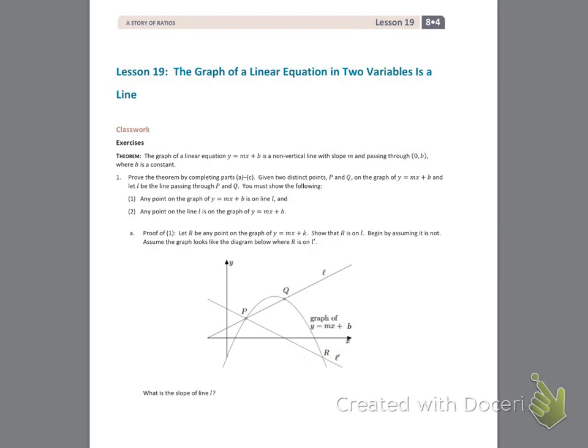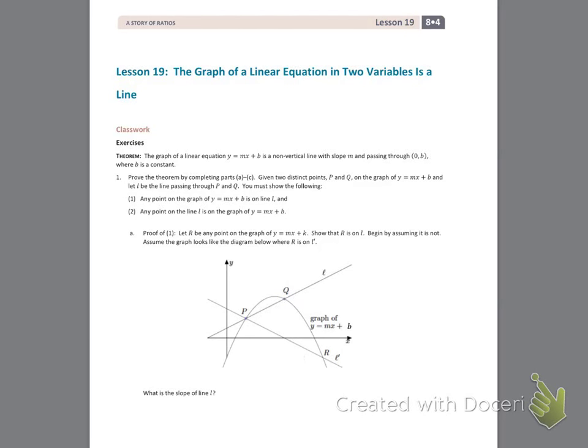And our theorem that we're trying to prove is that the graph of a linear equation y equals mx plus b is a non-vertical line with slope m and passing through 0, b, where b is a constant. Okay, so we're going to prove the theorem by walking through their steps, which are going to be exactly the same as the steps we just went through a minute ago for the specific proof.